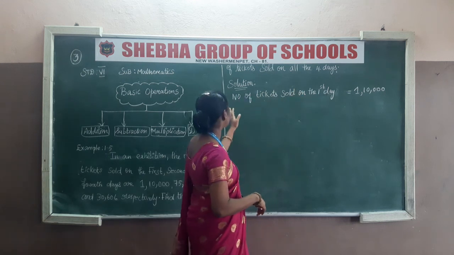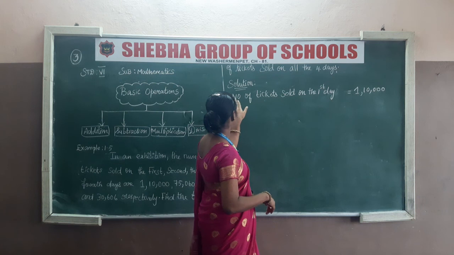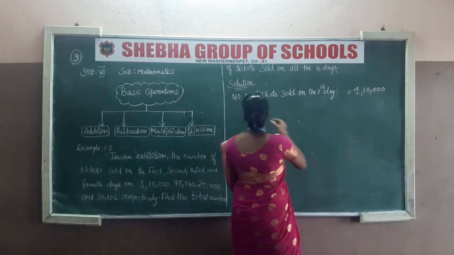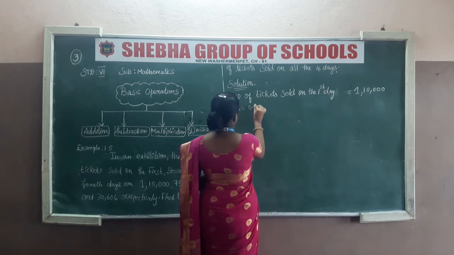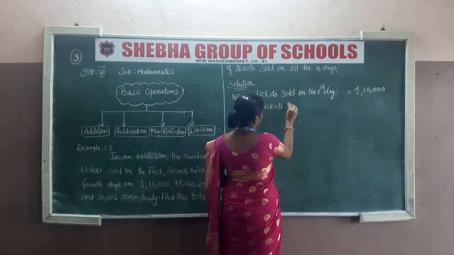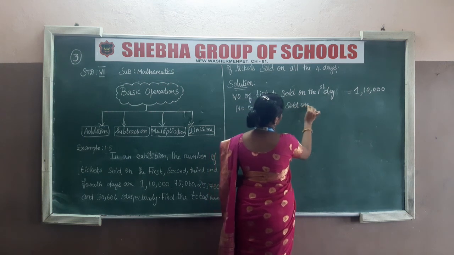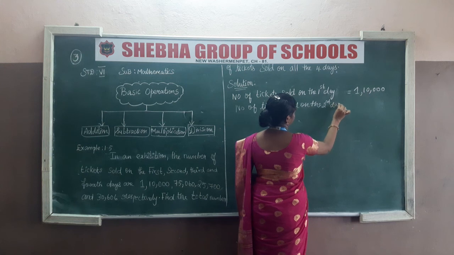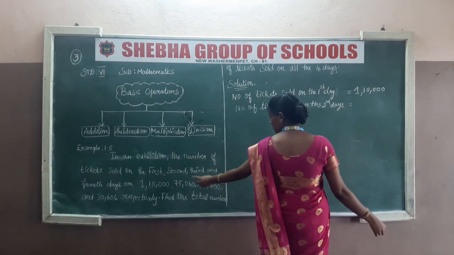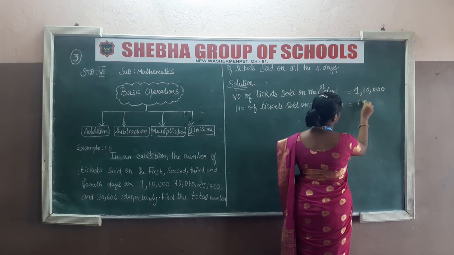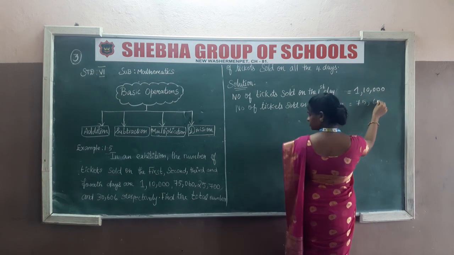So we can write the solution. Number of tickets sold on the first day is 1,10,000. Next, number of tickets sold on the second day is 75,060.